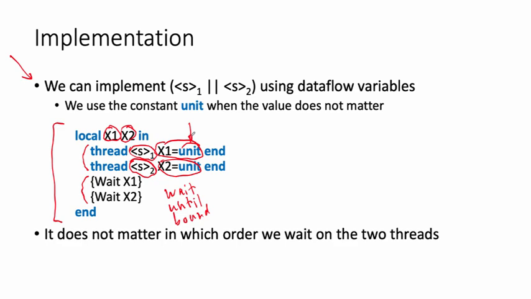We just want to know that there's a constant. These two wait statements will wait until both threads are done, and the original thread will continue when both subordinate threads are done. This is how to implement concurrent composition.